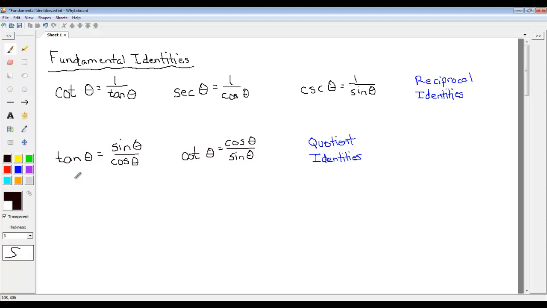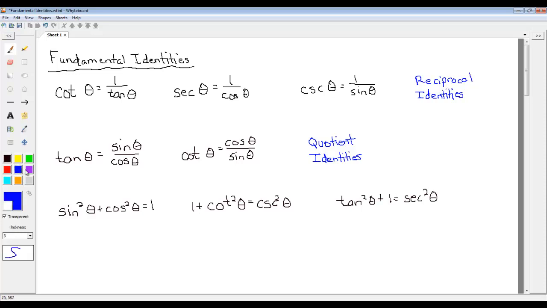Okay, and then the Pythagorean identities, you've seen them before too, but you're going to find that they get used a lot. Sine squared theta plus cosine squared theta equals 1. And then we learned how you could divide both sides by sine squared theta and end up with 1 plus cotangent squared theta equals cosecant squared theta. You've also learned how you could divide both sides by cosine squared theta and end up with tangent squared theta plus 1 equals secant squared theta.